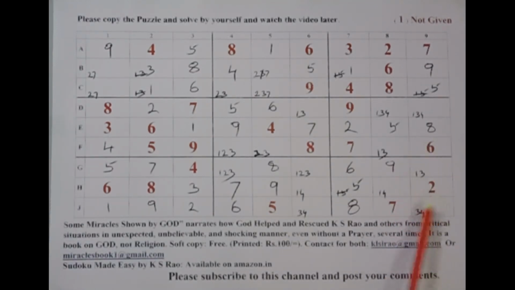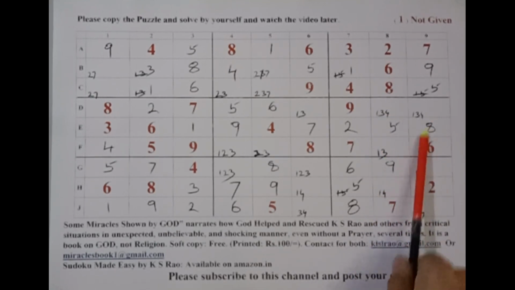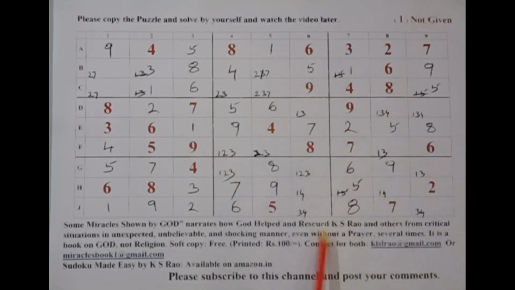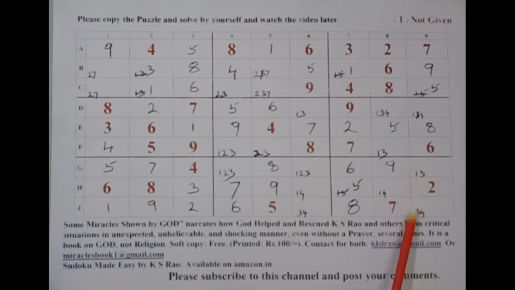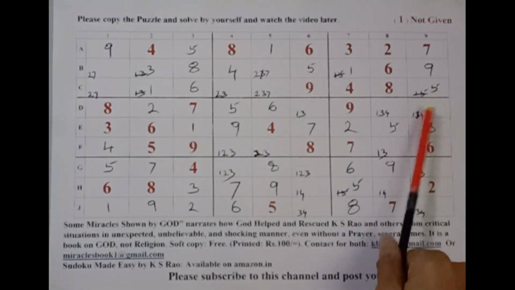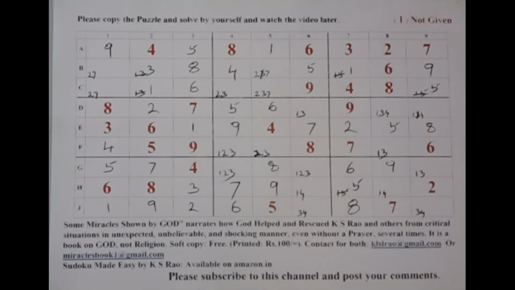These 2 are in one row and this is in a separate column. These 2 are in one column and this is in a separate column. So this is also an XY wing, but it does not serve much purpose except for deleting number 3 here, because in this column number 9, looking at this box, 3 occurs here and here. Therefore, a 3 has no business to remain at D9. So we have deleted the number 3 there.